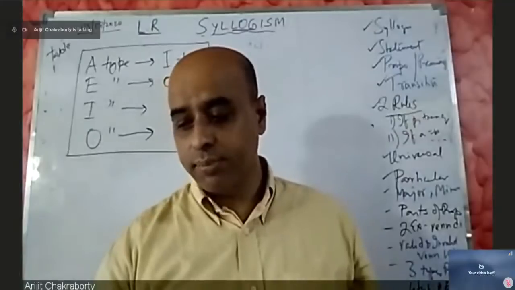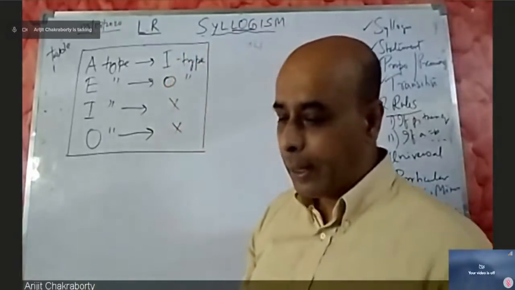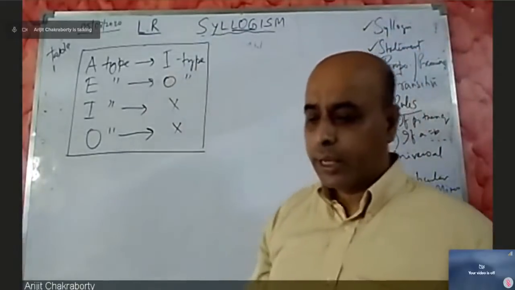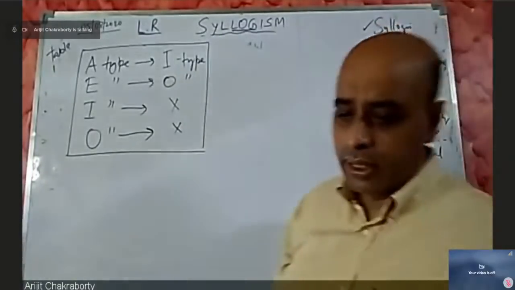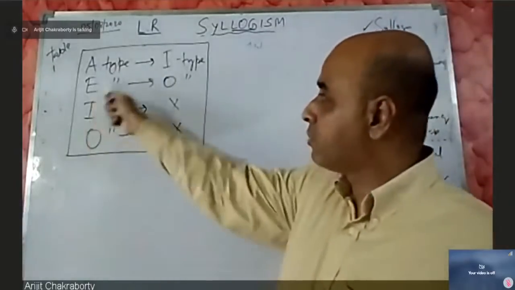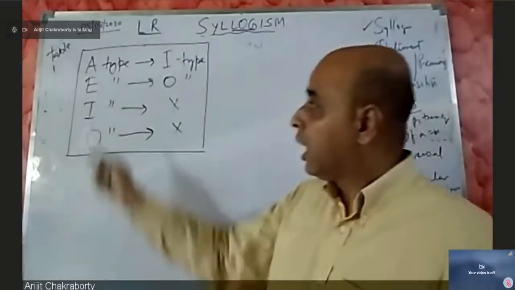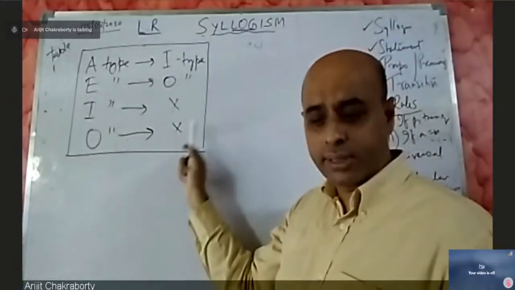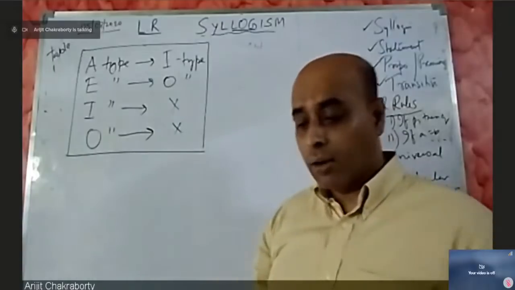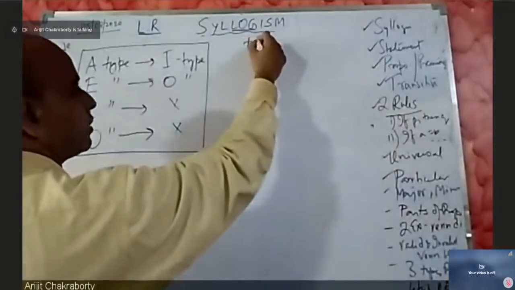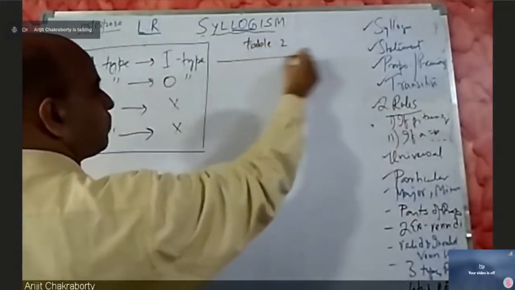So this is the first table which you need to know. The summary is, in case of inference, A type becomes I type, E type becomes O type, I type cannot be converted, O type cannot be converted. This is the first table. Now, the second table, table 2, I am writing.